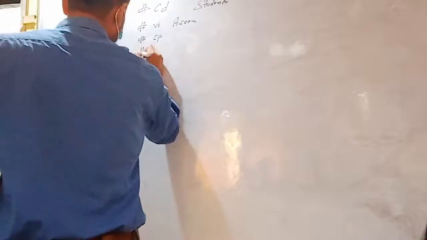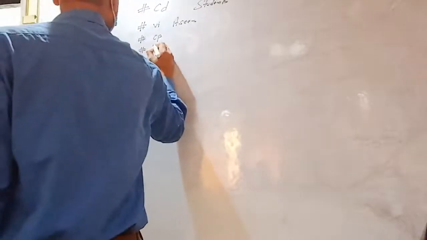If you have to create a link to this file, use the ln command. Sir, I want to make a file within a file. How can you make a file within a file? You can create files in a directory. You can add data into a file. Okay, sir, I understand.